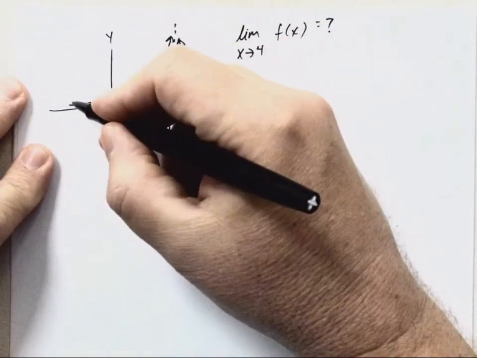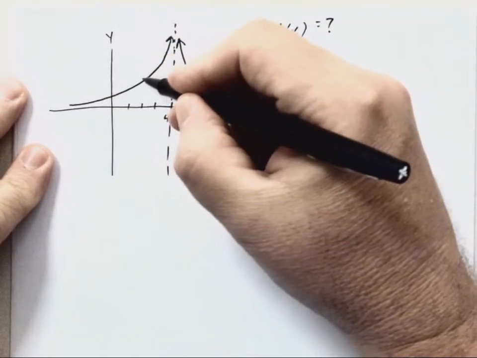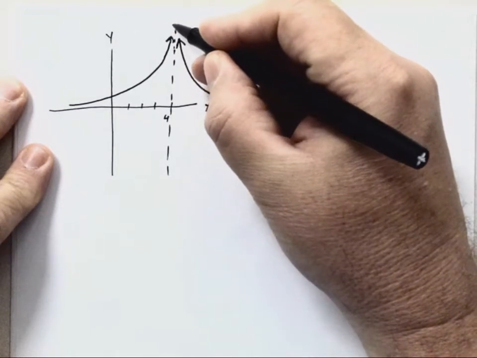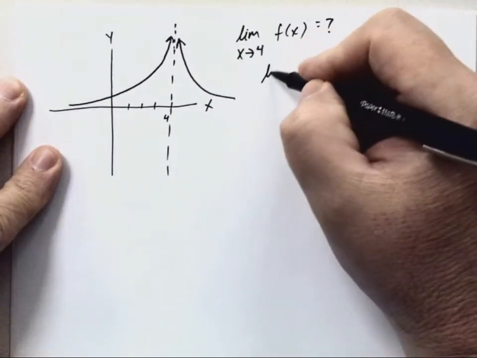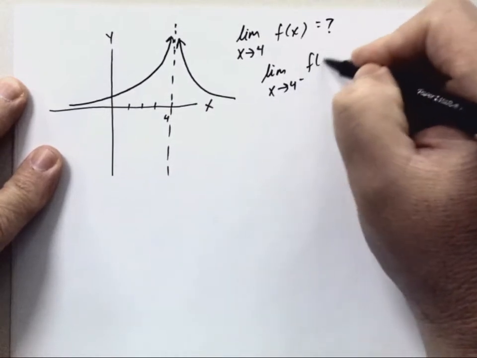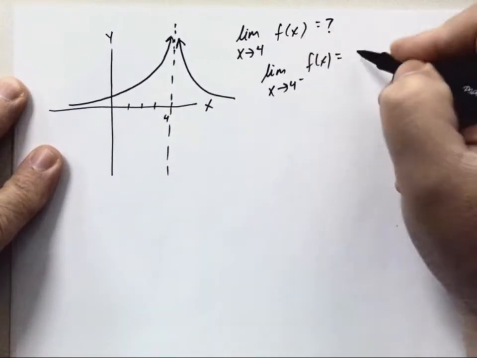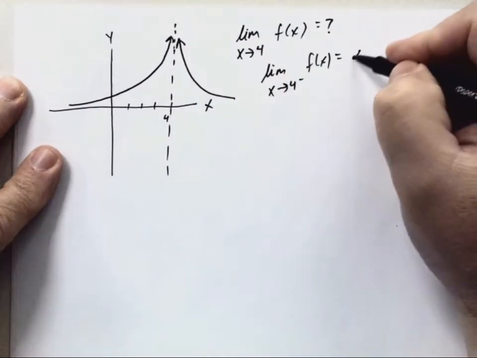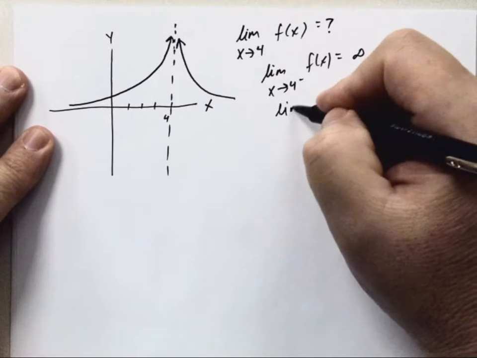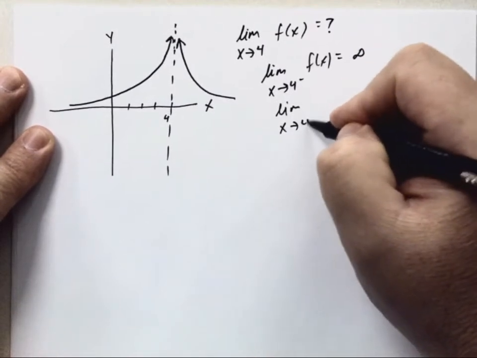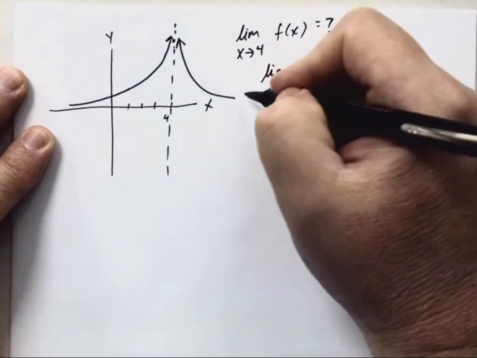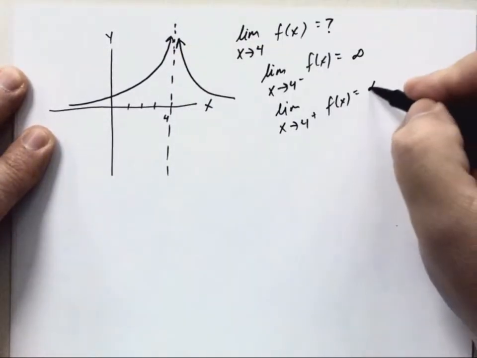So you say, when I come from the low side, as x approaches 4, what is my graph approaching? It's basically infinity. And the same thing if I come from the high side.